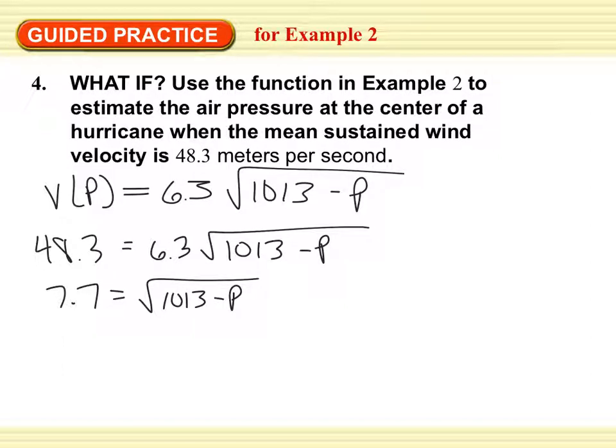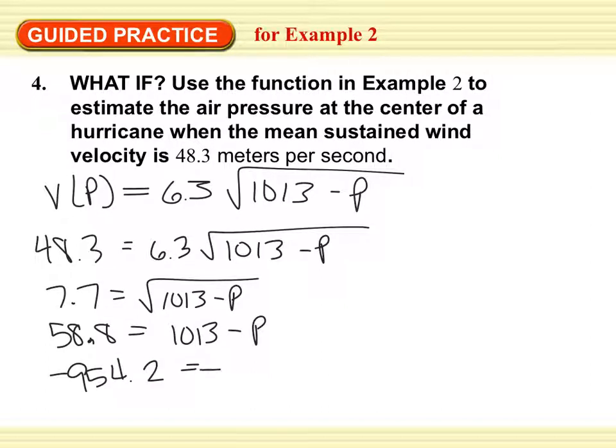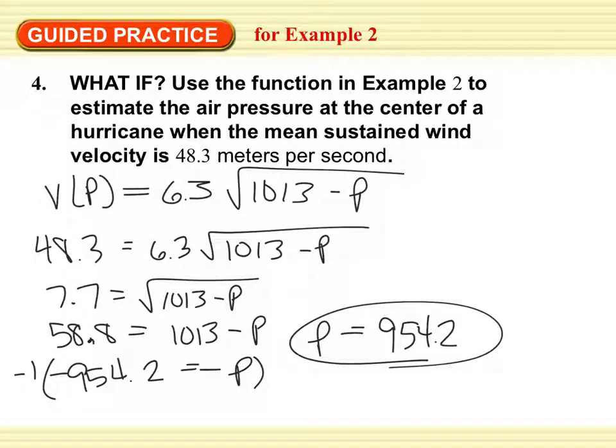Square both sides. 58.8. Subtract 1013. Negative 954.2 equals negative P. I don't like negatives. So P equals 954.2. Awesome.